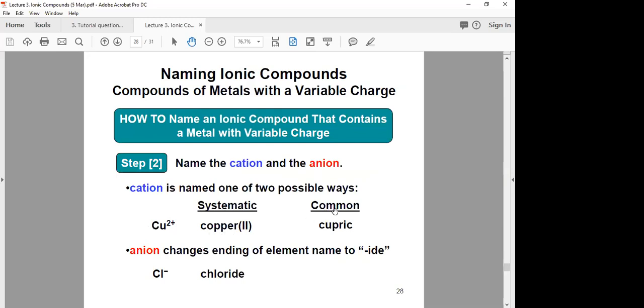Naming using the common naming method, cuprum becomes cupric. And of course, the anion, being chlorine, becomes chloride.